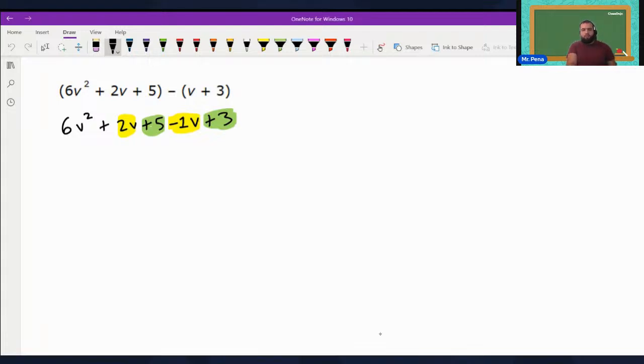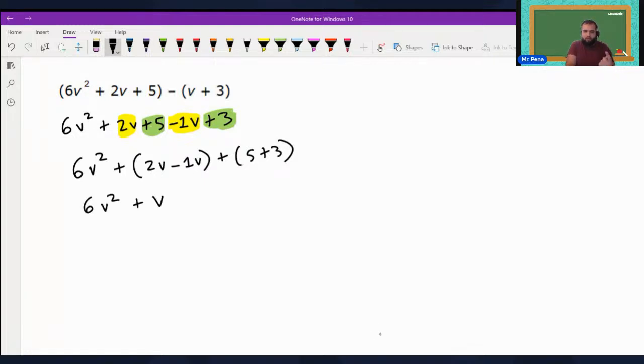So we have 6v squared plus 2v minus 1v, so 2 minus 1, plus, and then 5 plus 3. This is going to give us 6v squared plus v. There's only one, so I'm only going to put the variable. And then you have plus 8.